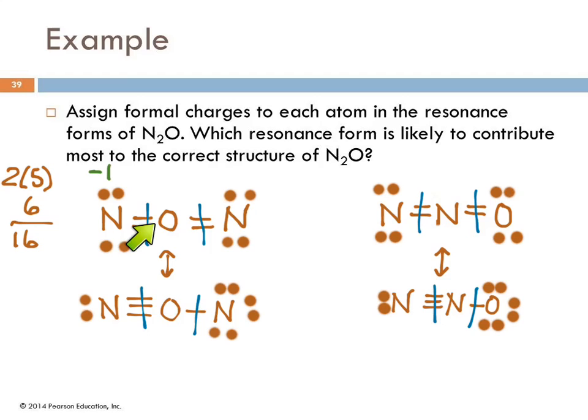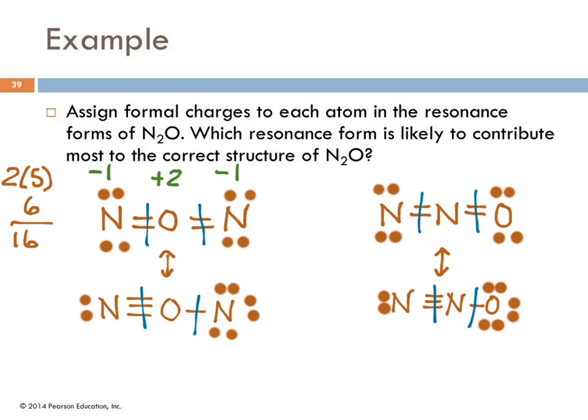It gets this one and that one and this one and that one, half of each bond. So 6 minus 4 is +2. And this nitrogen over here came in with 5, and it looks like he owns 6 in here, so he has a formal charge of -1.